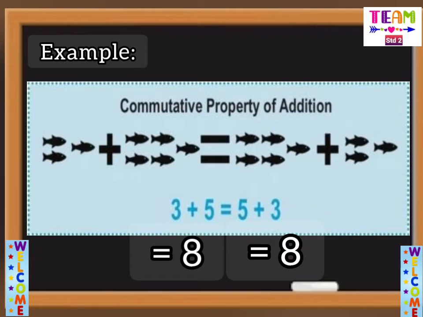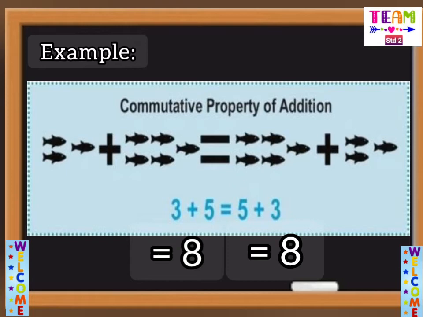Did we get the same answer on both sides? Yes, right. We get the same answer. On both sides, we get 8. So we can see that what I mentioned before about the commutative property of addition is true.